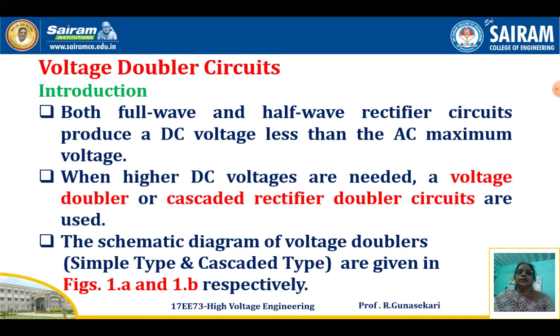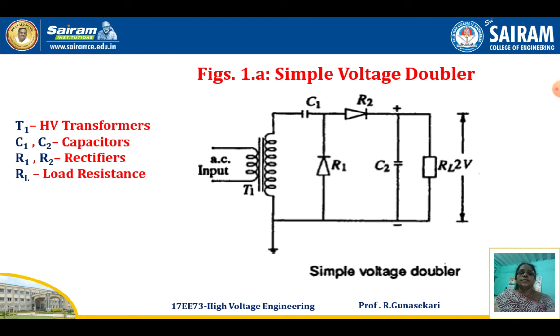When higher DC voltages are needed, voltage doubler or cascaded rectifier doubler circuits are used. The schematic diagrams of the simple type and cascaded type voltage doublers are shown in figure 1A and 1B respectively. Now you see the simple voltage doubler circuit.